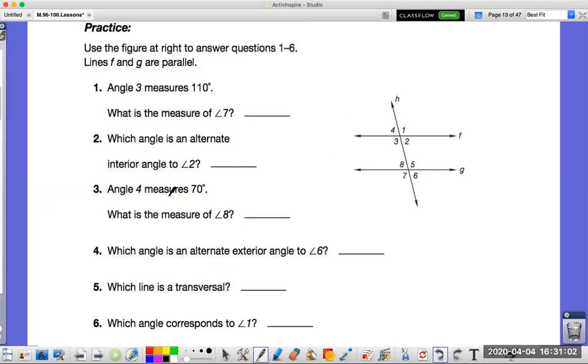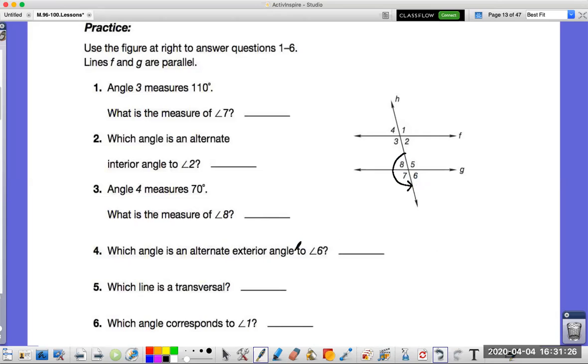And number 3, it says angle 4 measures 70 degrees. What is the measure of angle 8? So it's on a straight line again. So that transversal, you know how much that's worth if you're looking at this angle all the way from here to here. Hopefully you know what that's worth in value, so you can answer that.